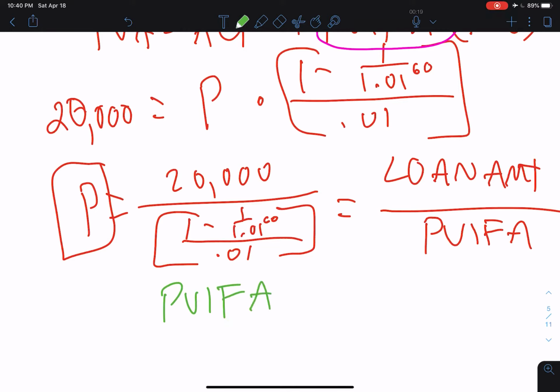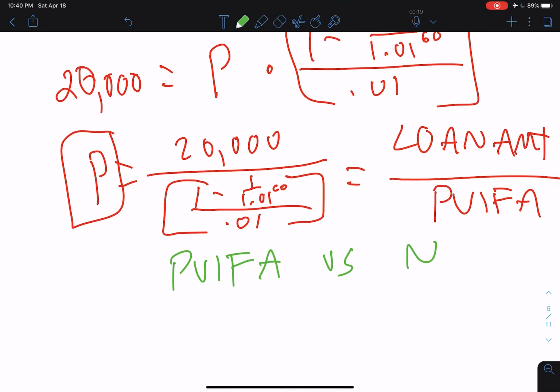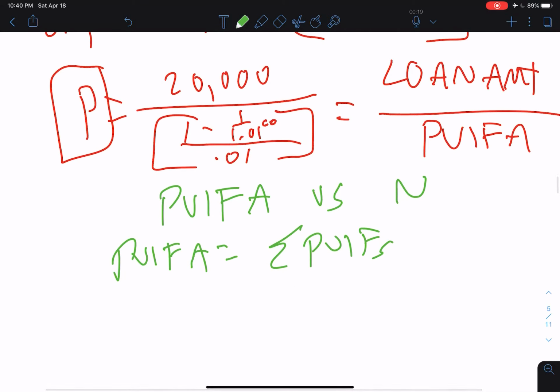PVIFA versus N, where N is the number of payments. Well, let's think about what a PVIFA is. We know a PVIFA is a sum of PVIFs. What do we know about PVIFs? They're always less than 1. So in the PVIFA, we have a sum for I equals 1 to N of a bunch of PVIFs.